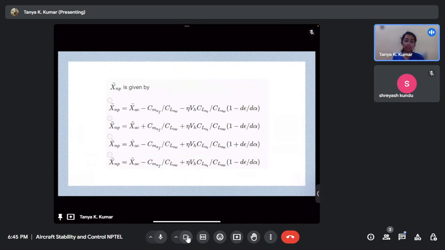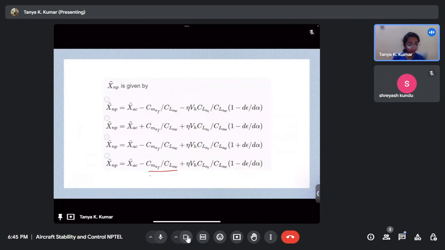X bar NP is given by... we had done a derivation where we derived the X neutral point, the equation for the neutral point, right? Here some new terms are there that we have not seen before, that is Cm alpha of the fuselage, F here is fuselage, and Cl alpha of the wing.